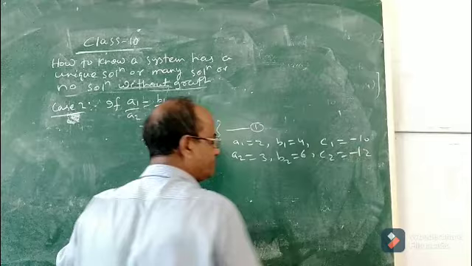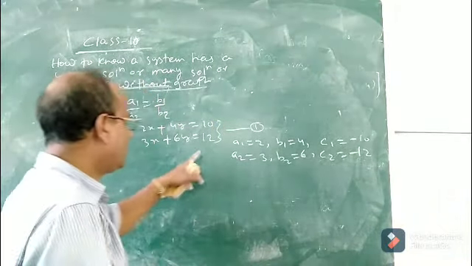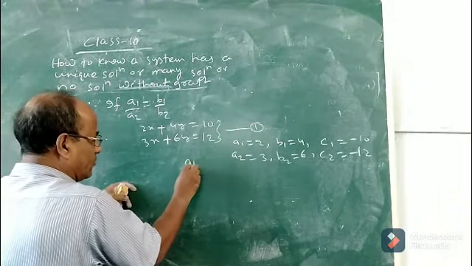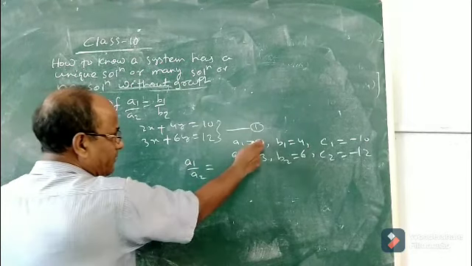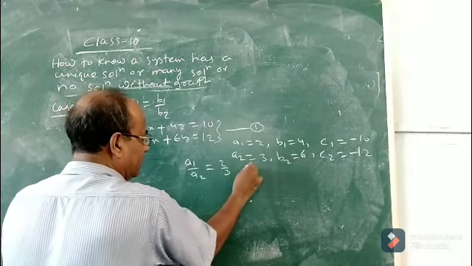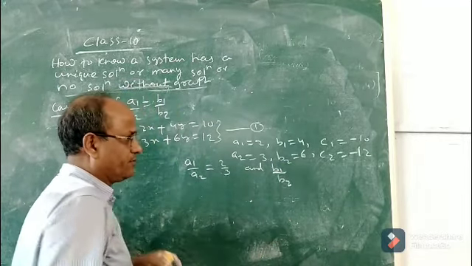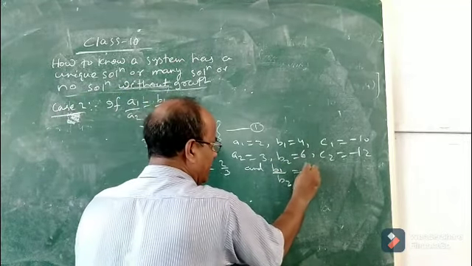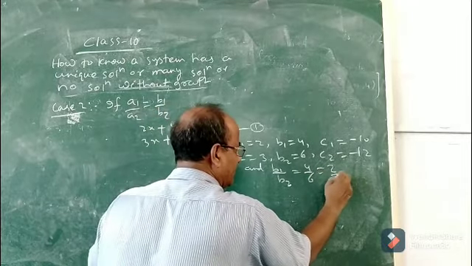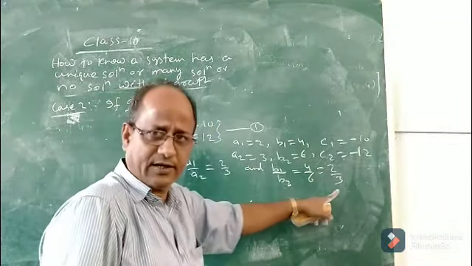What will be the ratio A1 by A2? It is 2 by 3. And B1 by B2 is 4 by 6, which on simplification is again 2 by 3.